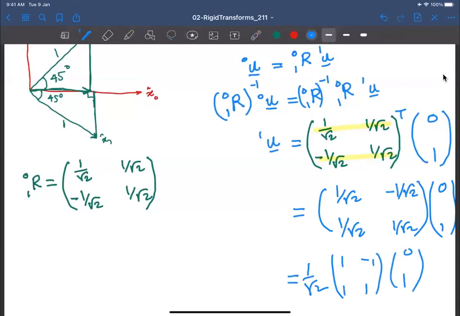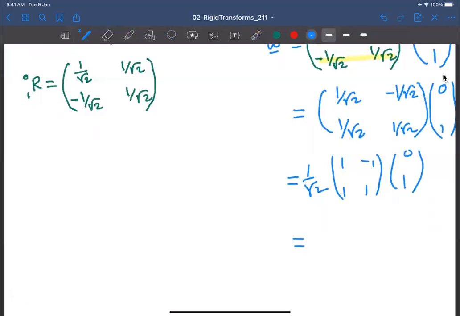And then this is going to be equal to, well, what is the dimensionality of the product of this matrix by this vector? We expect a 2 by 1 vector, because the left-hand side is a 2 by 1 vector. So 1 over root 2 into 1 into 0, plus negative 1 into 1.